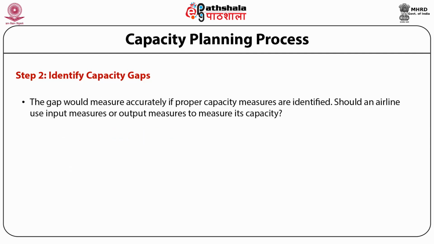The gap would be measured accurately if proper capacity measures are identified. Should an airline use an input measure or output measure to measure its capacity? This problem becomes more acute if a firm is involved in producing multiple products or services. A service firm such as a bank provides multiple services.